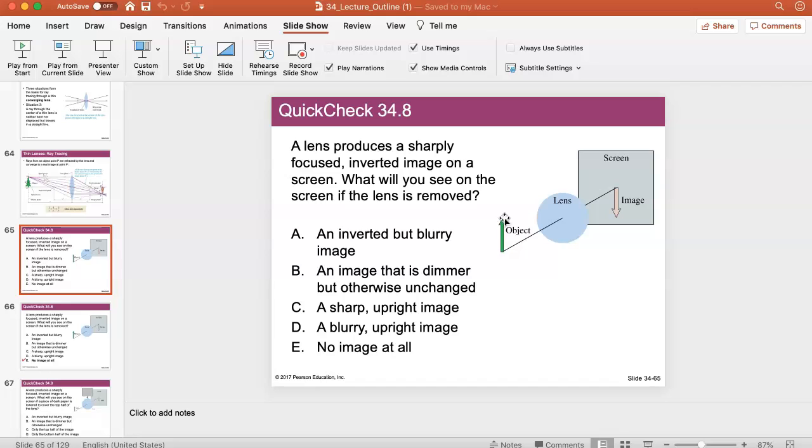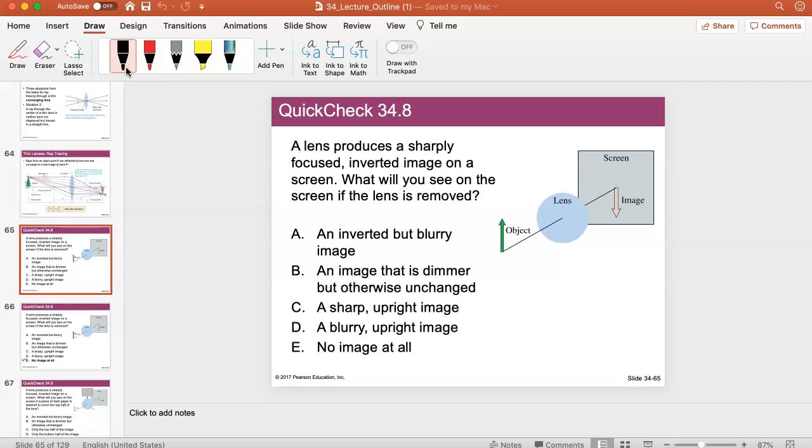From this one point, let's say, I get a whole bunch of rays that are emitted, they go in all different directions, and there's nothing in their way, so they will reach all the different points of the screen. So from every point of the object, we have light that reaches every point of the screen, and then we're not going to get an image. The shape of the object gets lost in there.